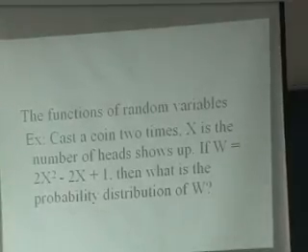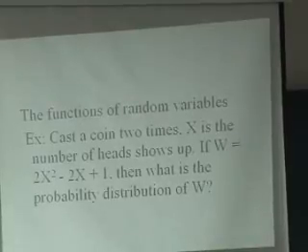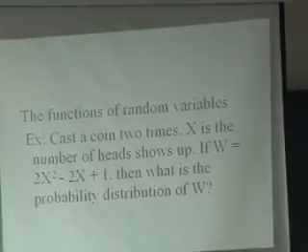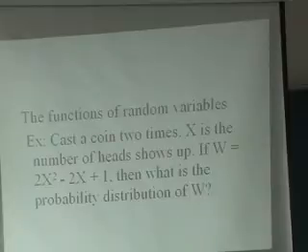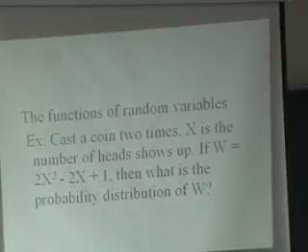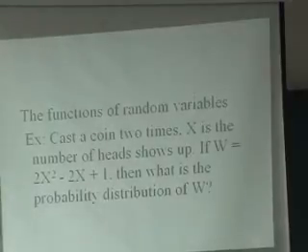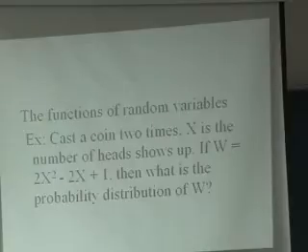And now we want to know w. But we don't know anything about w. The only thing we know is that there is a relationship between w and x. So w is equal to 2x squared minus 2x plus 1. If that is the case, we don't need to know the probability distribution of w, because as long as we know x, and also the relationship between w and x, that is enough.